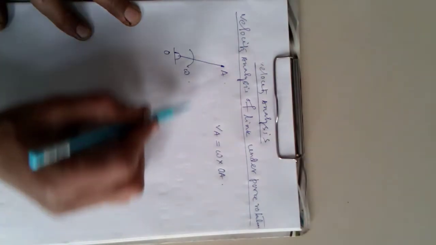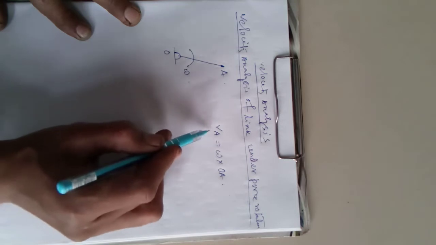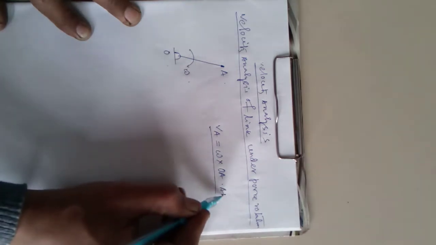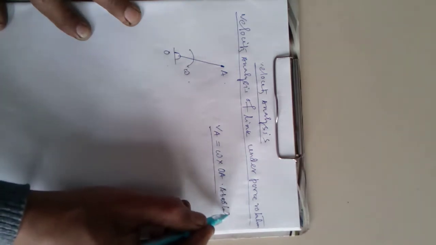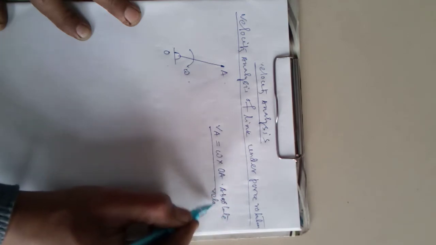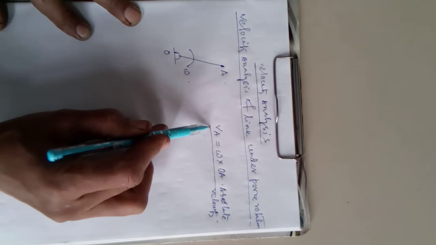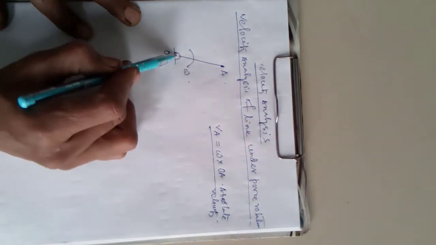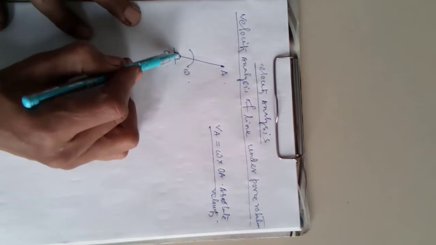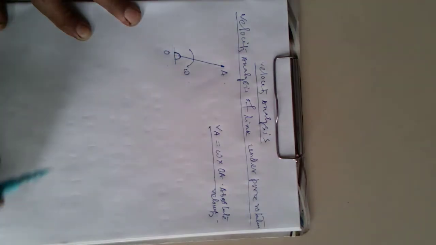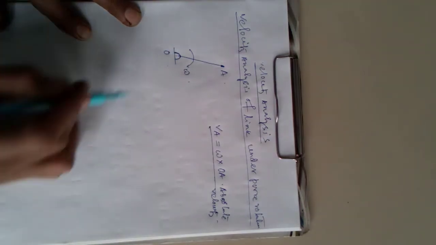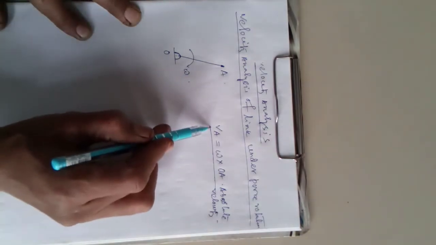Now this velocity is the absolute velocity. Why is it called absolute velocity? When we find out the velocity of a particular link with respect to some fixed point, that velocity is called the absolute velocity. So that is the absolute velocity VA.